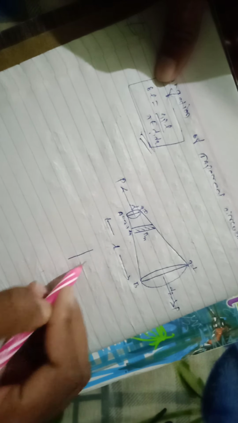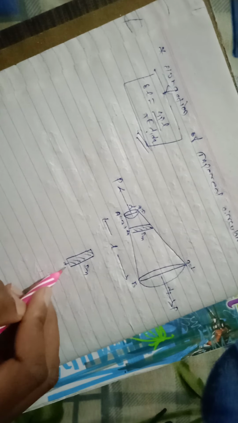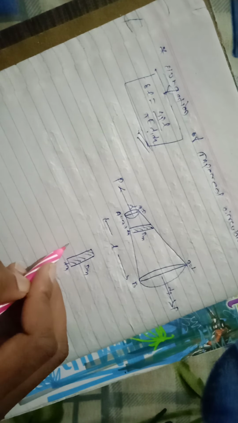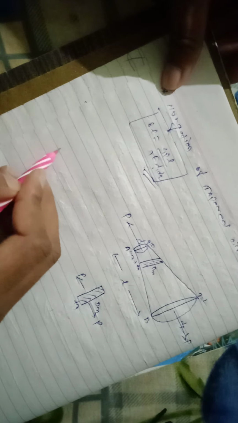Let's see. First we draw this section here. This is your section. We take it from the tapered circular bar. Its diameter is dx and its length is dx, and the force acting on this is the same as on this tapered bar, P. Let's first find the area of this small portion.